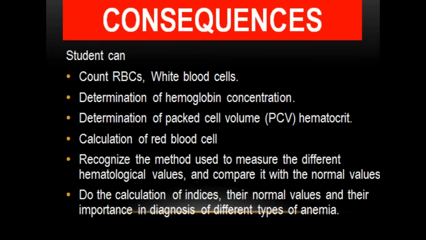Then the student can count the RBC, WBC, and can determine the hemoglobin concentration, the packed cell volume and hematocrit, can calculate the number of RBC and recognize different types of methods used for the condition and compare these values with the normal ones. And if the manual method is carried out, then certain calculations should be done. However, in most cases, the manual method is replaced by the automated method.